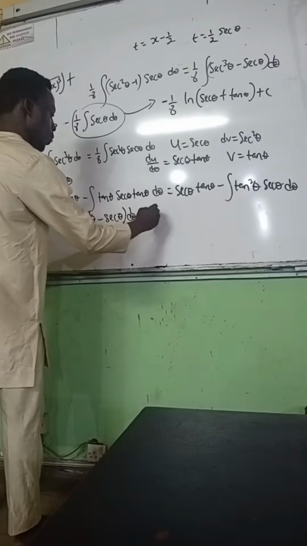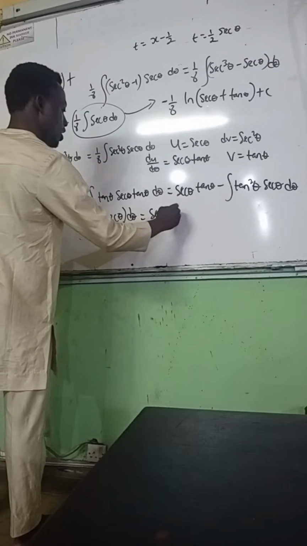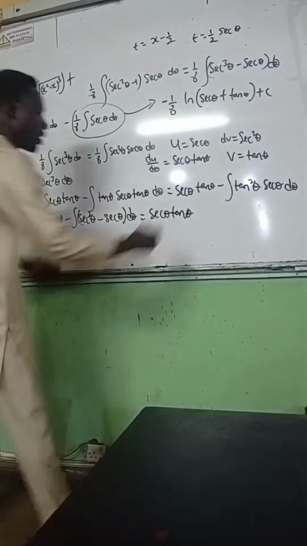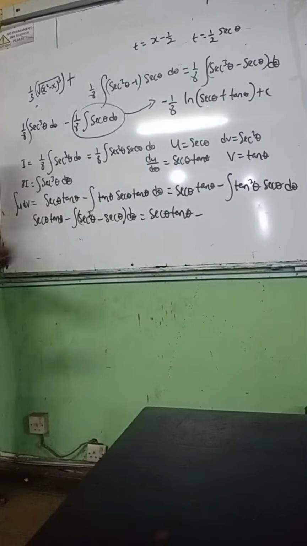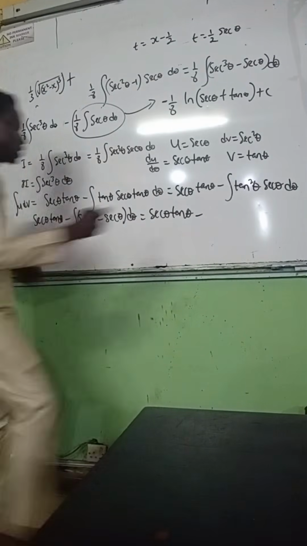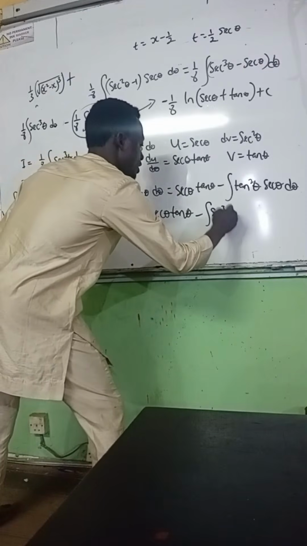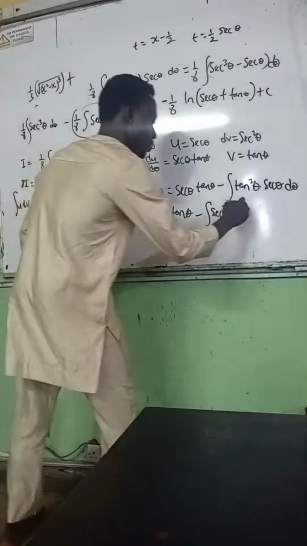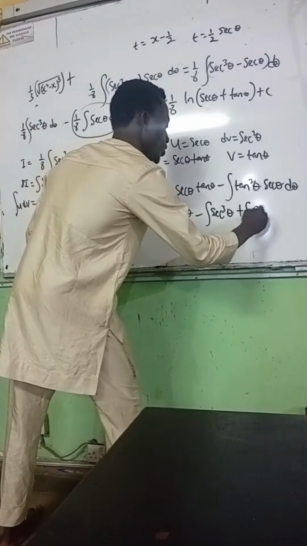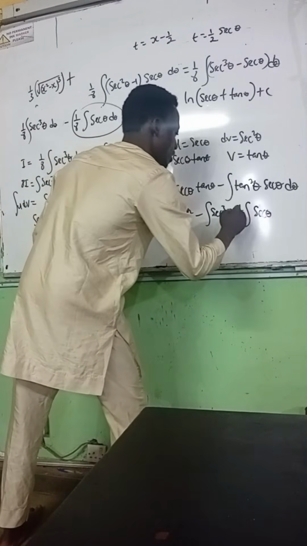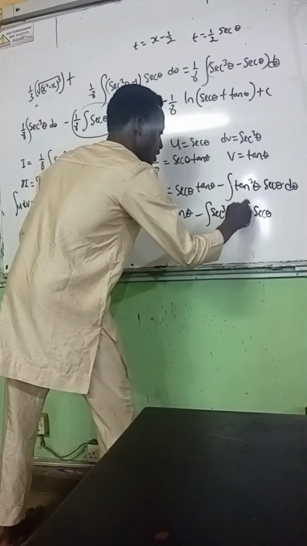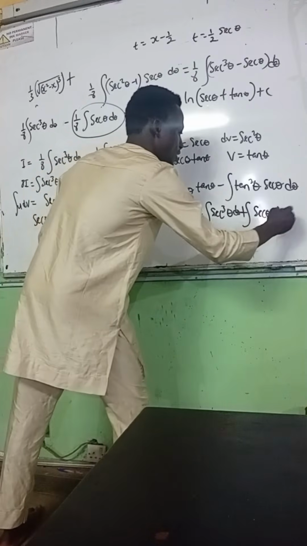So sec theta tan theta minus, if we split this integral, minus the integral of sec cubed theta plus the integral of sec theta d theta plus the integral of sec theta d theta.